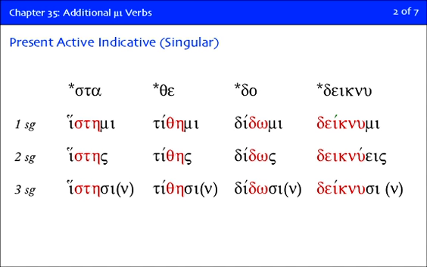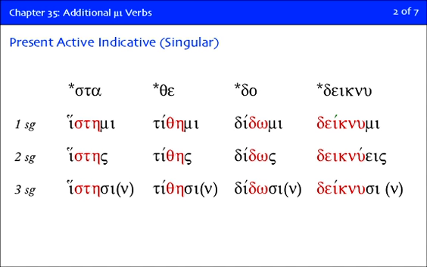You would see the reduplicated tau and the iota, that tells you it's the present tense system. And you have the sigma, which tells you it's second person singular. Tithesi, same thing that you have with didosi, right? It's really important that you see it's the same thing that's happening. Otherwise, you have to just memorize these things, and they're a pain in the neck.